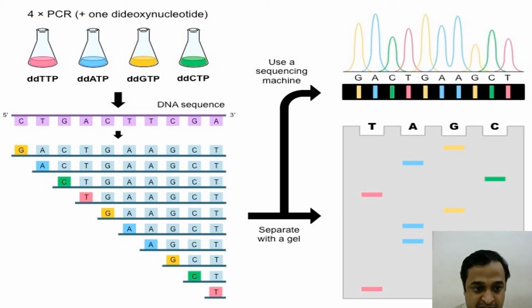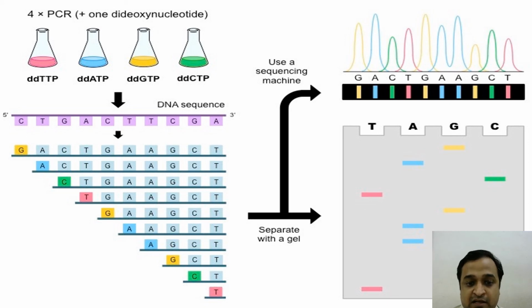The same happens within all these reaction mixtures. In the first reaction mixture, we have DNA stretches that end with thymine. In the guanine mixture, we have different DNA stretches that end with the dideoxyguanine nucleotide.